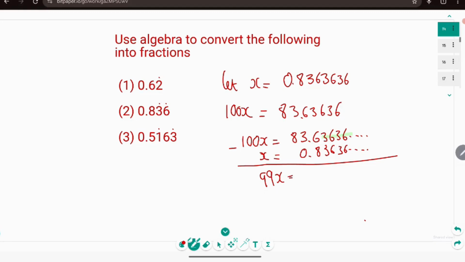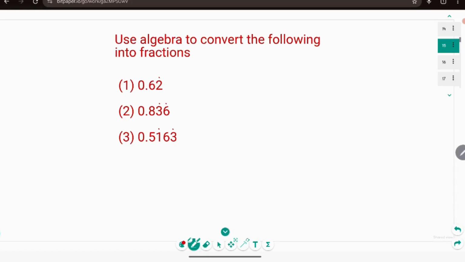When I subtract, they disappear from the 3 onwards. 83.6 minus 0.8, 82.8. Let's make x the subject. So let's divide both sides by 99. Multiply the numerator and denominator by 10. Let's see how this simplifies to 46 over 55. And let me check by formatting. I'm correct. Last one.